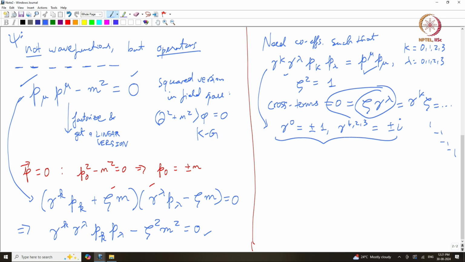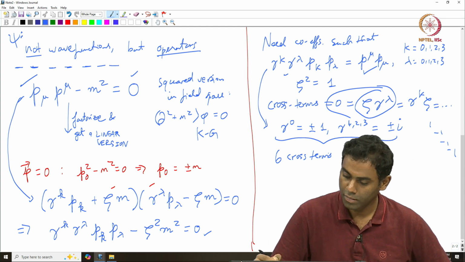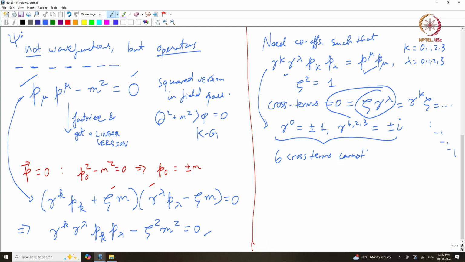So, after fixing the quadratic conditions, 6 cross terms cannot be eliminated. So, what should we do then? This program seems to have failed right at the outset, right. So, what should we be doing?